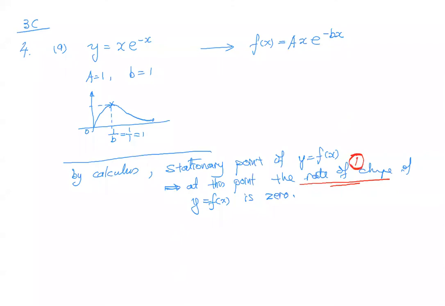We should get the rate of change function first. So that means you have to find dy/dx. Can you please do it? Then we put dy/dx equal to 0. Is that okay? So anything to do with stationary point, it means like that.